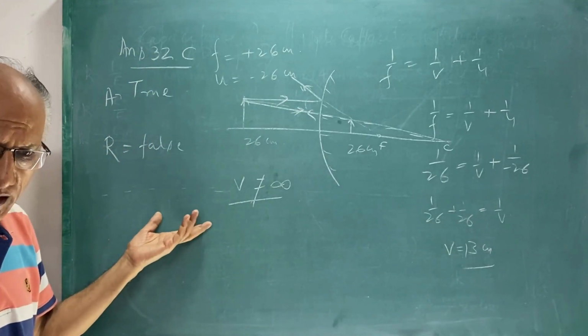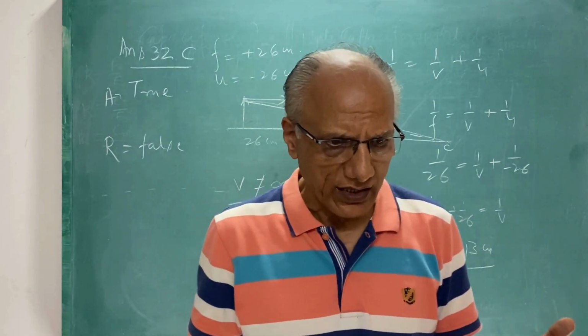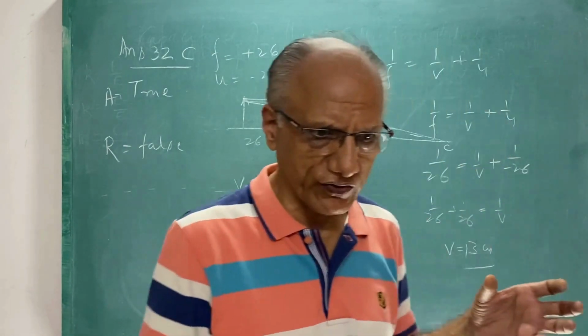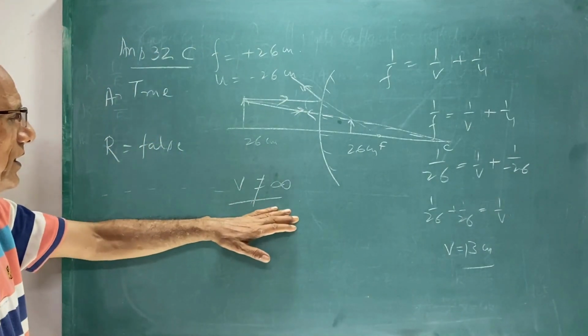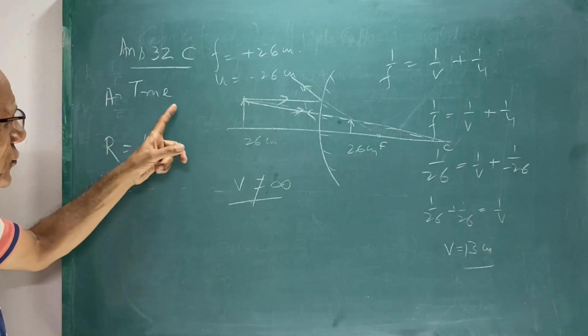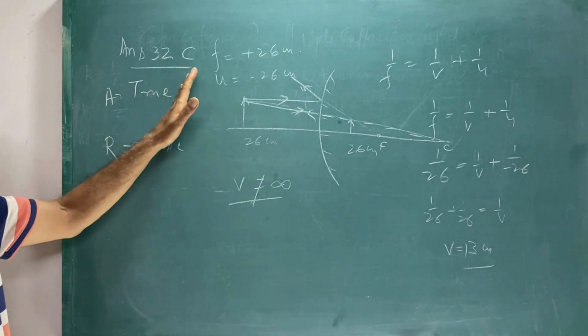The reason given here, that for the above given system the equation 1 by f equals 1 by v plus 1 by u gives v equals infinity, is not true. So the assertion is true but the reason is false. So the correct option is C.